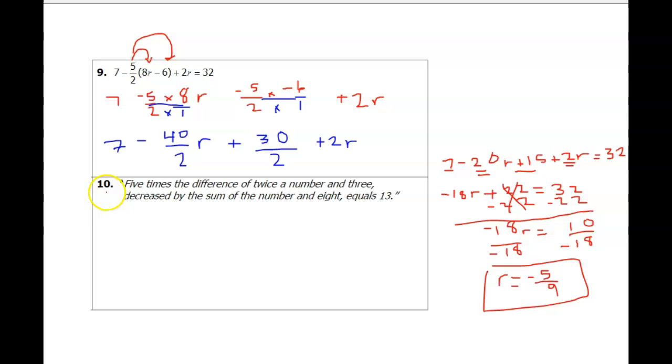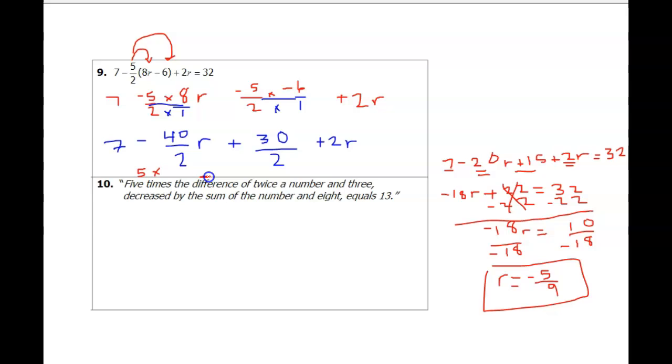Let's see. 5 times, what does that mean? I'm taking 5 and what am I doing? Adding, subtracting, multiplying, or dividing? Multiplying. So 5 times the difference of, what does difference of mean? Adding, subtracting? Subtracting, yep.